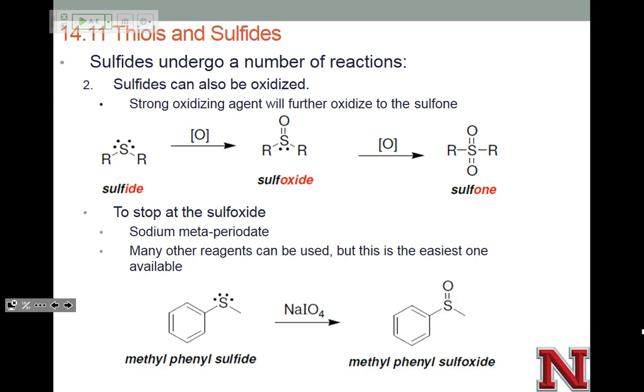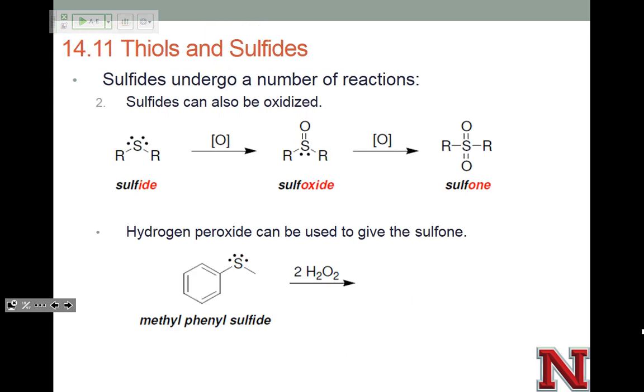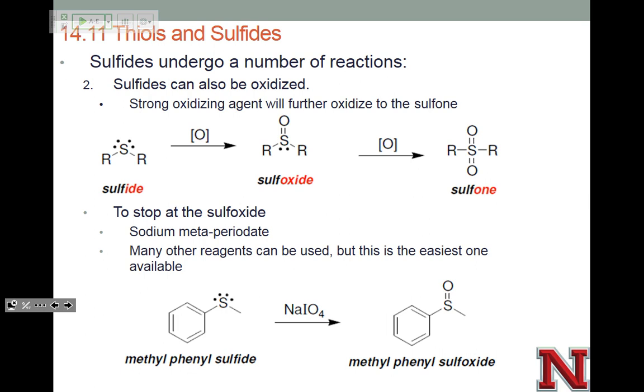We can use stronger oxidizing agents, but it's going to go all the way to the sulfone. So for example, peroxide will react all the way to the sulfone, as well as other oxidizing agents we've discussed, like our chromic acid. So we have to be careful. The only one that you need to know is NaIO4. That one will stop at the sulfoxide.